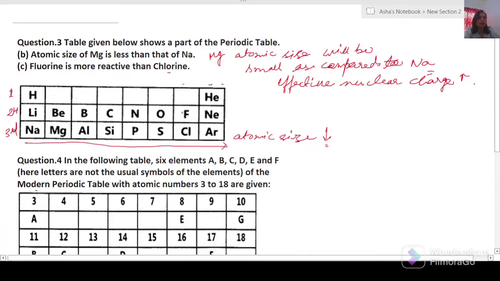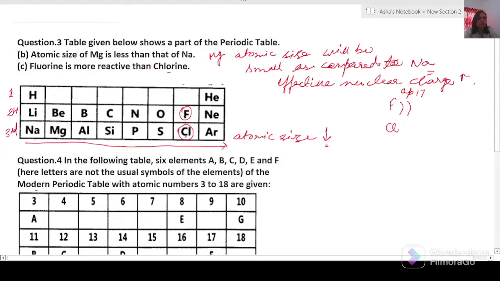Fluorine is more reactive than chlorine. Now this is the group basically. So fluorine and chlorine fall under the same group. When they are in the same group it means they have the same valency. It is group number 17. But fluorine is in the second period, so it will have 2 shells.